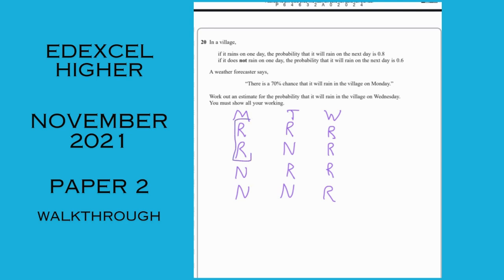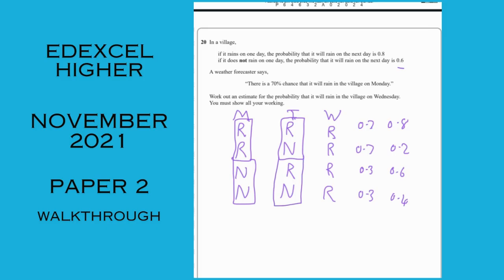So rain on the first day is 0.7. And not rain is 0.3. So when it's rained on the first day, these become 0.8 and 0.2. But these become 0.6 and 0.4. Finally, what's the probability of rain?